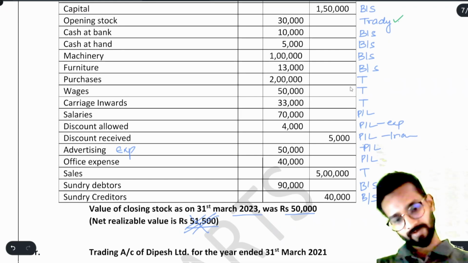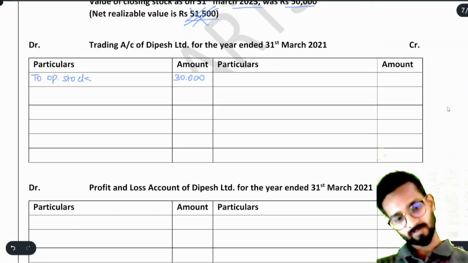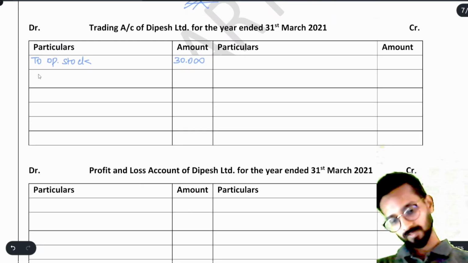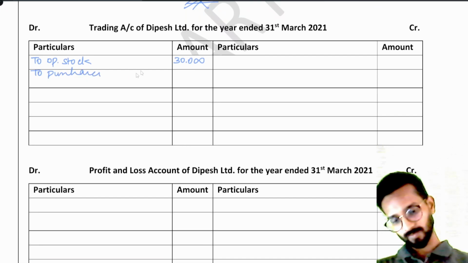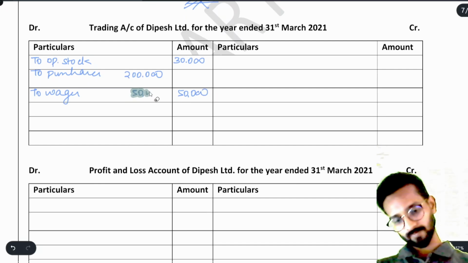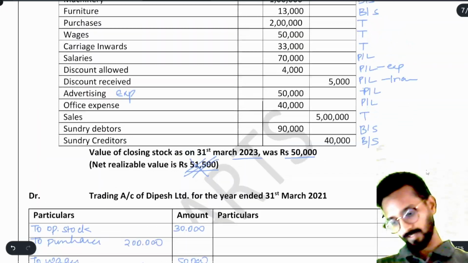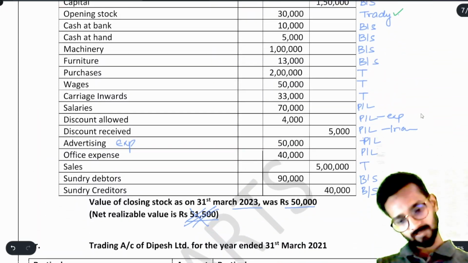Purchases 2 lakh, wages 50,000. Write "To purchases" 2 lakh, "To wages" 50,000. Then after wages, carriage inward 33,000 and sales 5 lakh.